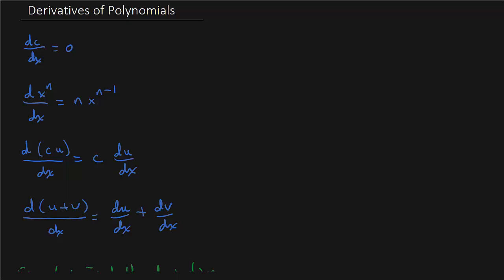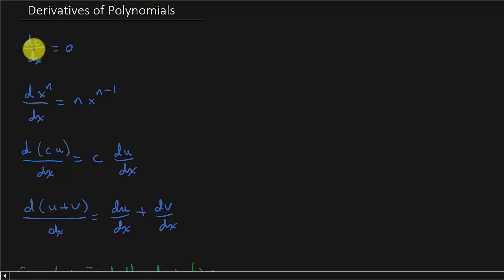And so let's take a look at them, and then we've got several examples, a couple of application problems to work. So let's look at this. We've got the derivative of c with respect to x. C is a constant, c is a number. And whenever you take the derivative of a number, you get 0 for an answer.